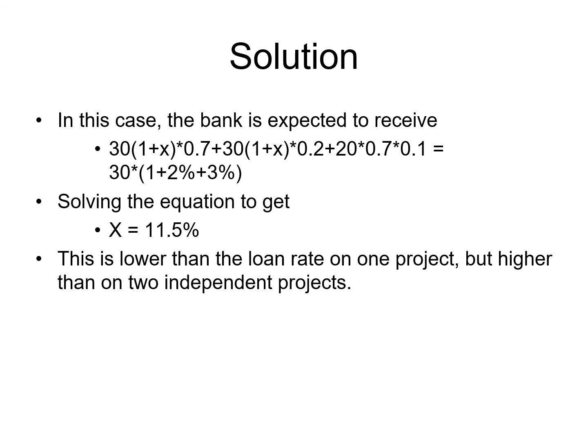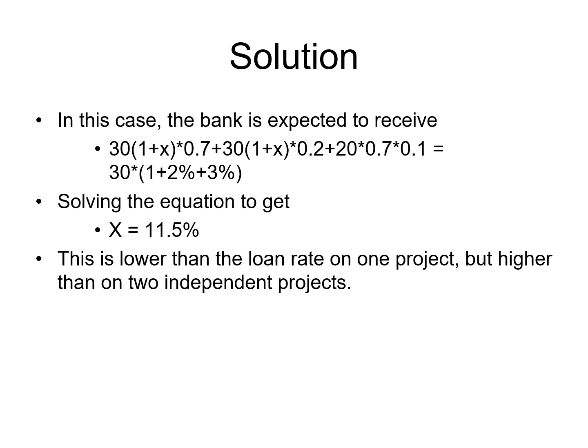So in this case, the bank is expected to receive 30 times 1 plus X times 70% probability. And the next one is 20% probability. And finally, in bad cases, it's 20 times 70% salvage ratio times 10% probability, which is equal to the required amount of payment. And we solve, we find X is equal to 11.5%.